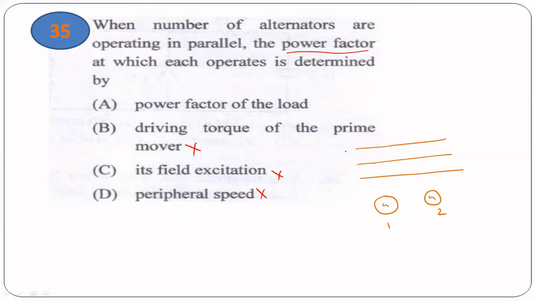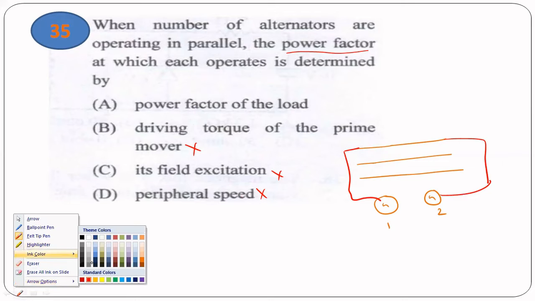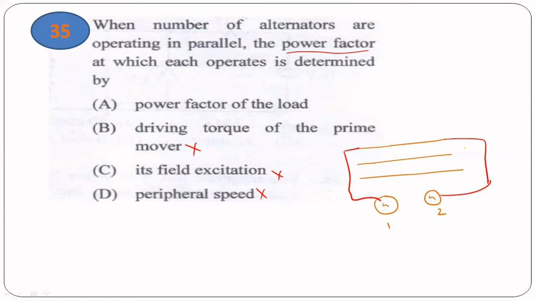This is connected to R, and this is also connected to R. Then the second winding is connected to Y, this is connected to Y phase, and this is also connected to Y phase.